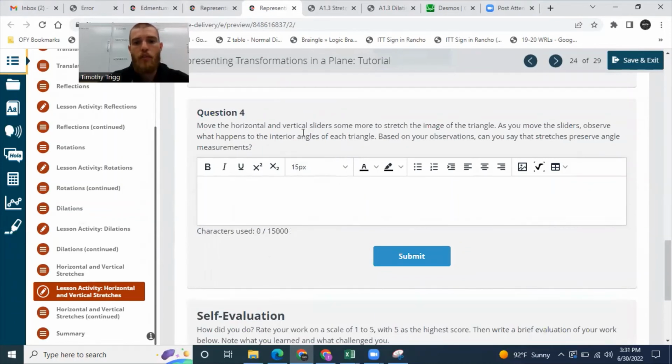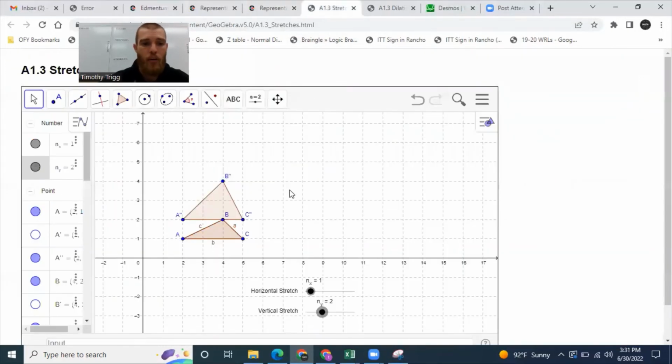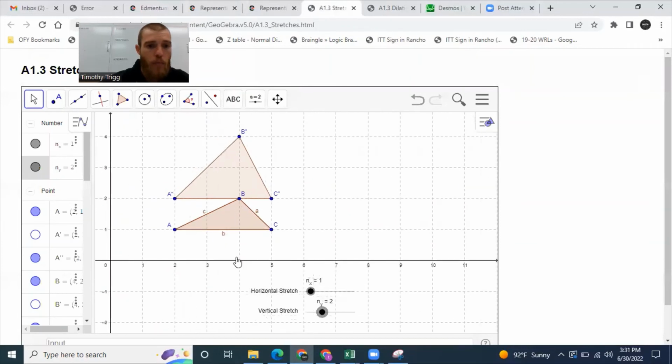Move the horizontal and vertical sliders some more to stretch the image of the triangle. As you move the sliders, observe what happens to the interior angles of each triangle. Based on your observations, can you say that the stretches preserve angle measures? So here now we're going to look at the angle measures. Let's go ahead and zoom in a little bit, and go to our angle tool.